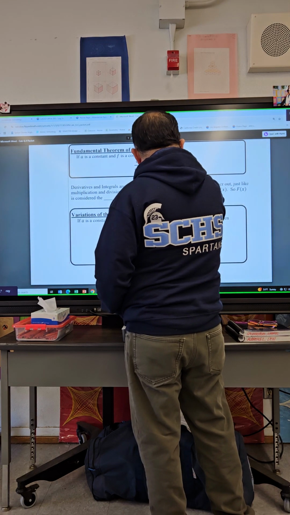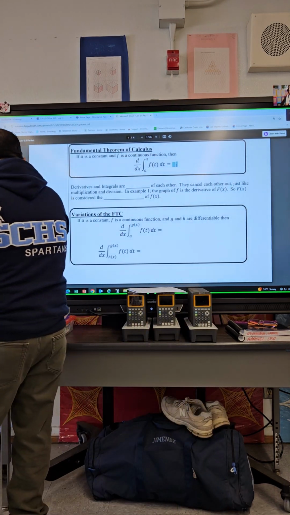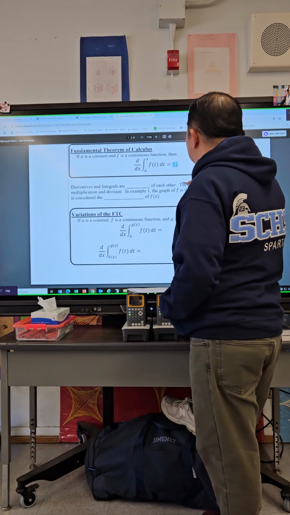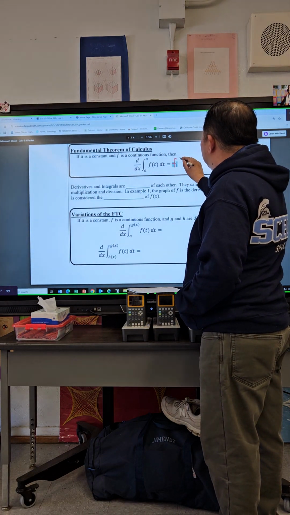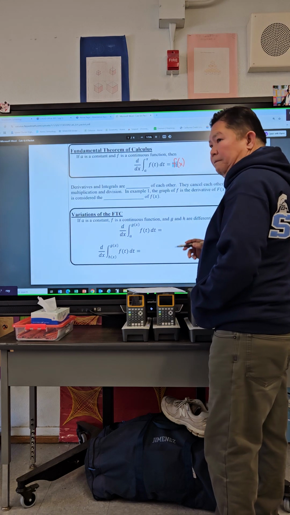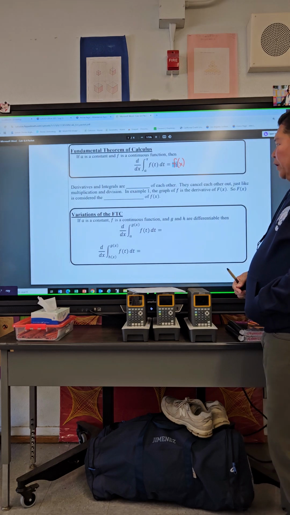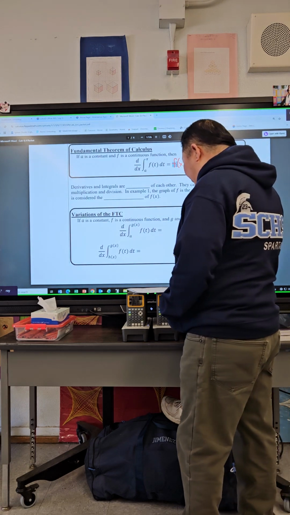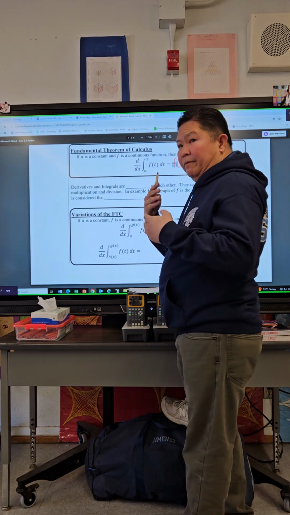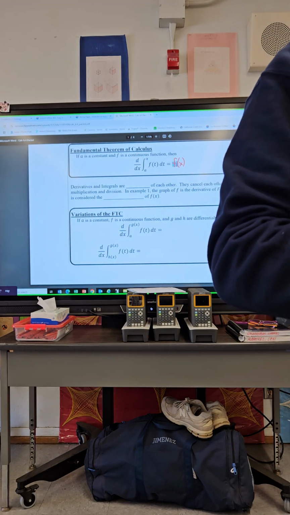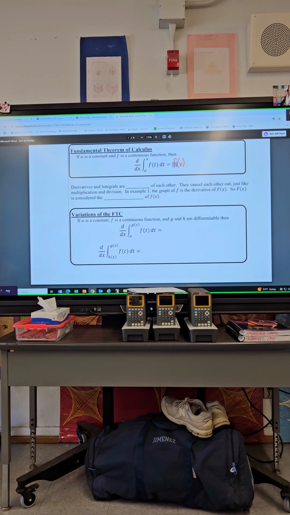So this is the f of x. So, derivatives and integrals are inverse. Again, derivative and integrals are inverse. Because if you say derivative and then antiderivative, it is the inverse.